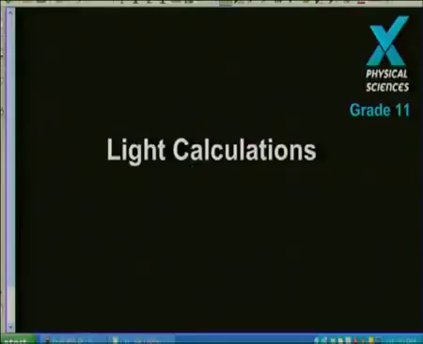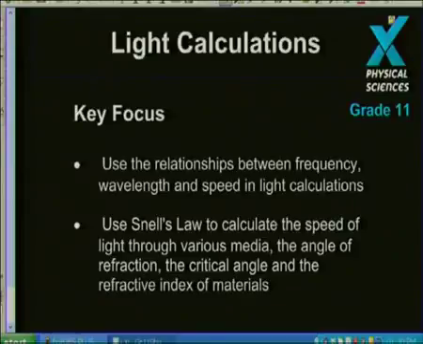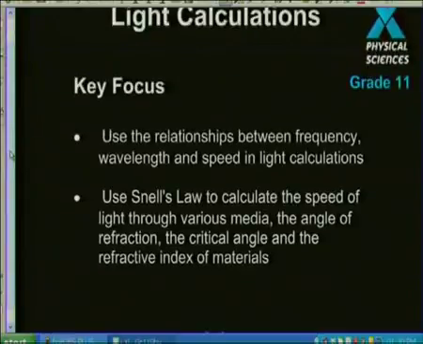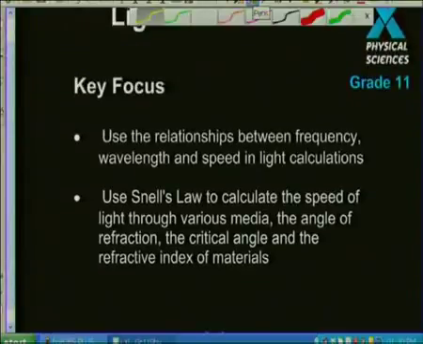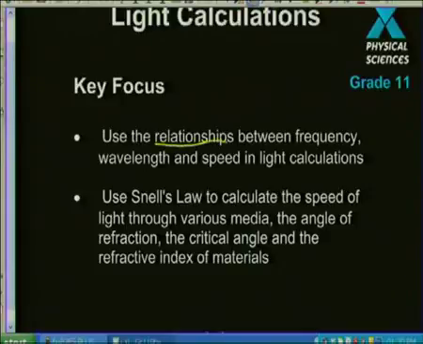We're focusing on light calculations, and in particular, we're going to do two very important big ideas. The first thing is we're going to use the relationships that exist between frequency, wavelength, and speed in light calculations. Now, although this might sound really silly and quite easy, you do need to revise this, and some of the calculations could be a little bit difficult.